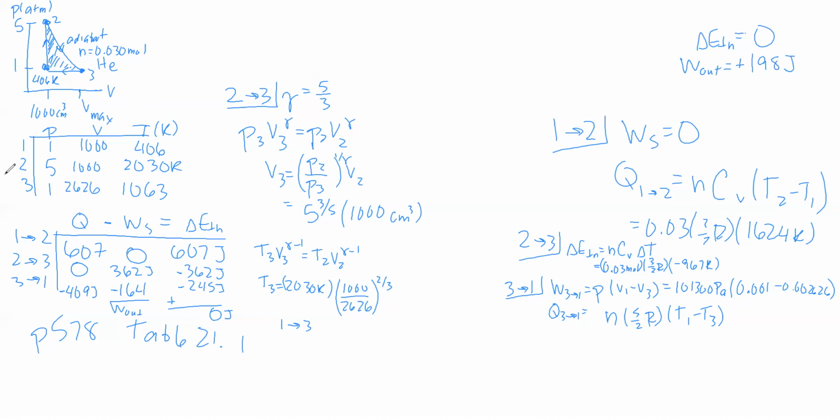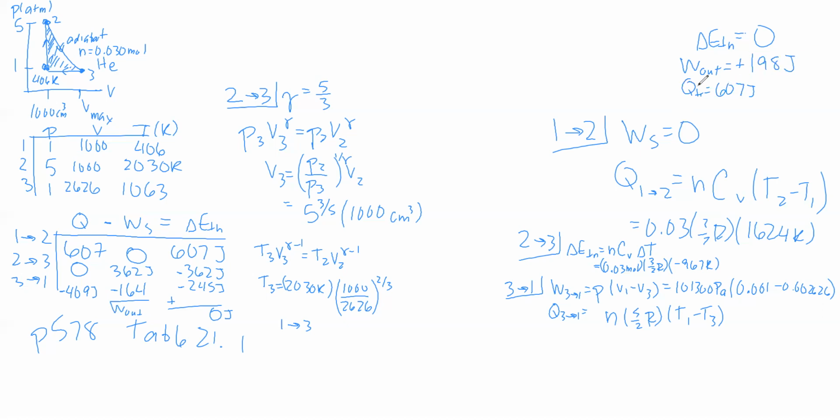Now, what about the heat? Well, we're not going to add all the heats. We're in fact going to add only the positive parts. The positive heats all represent the total heat that we added to the system, which we call Q sub H. So in this case, Q sub H would be 607. So we made a heat transfer of 607 joules.